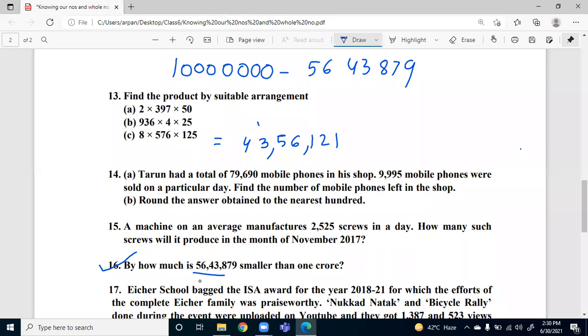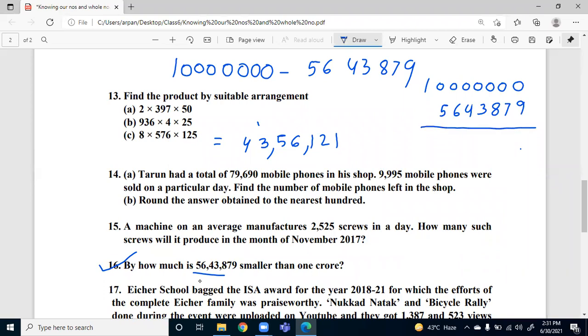You are correct. It is smaller than the value. How do we find out? We have to subtract this number from 1 crore. So on subtraction, see, Tanmay. 1 crore means 7 zeros, then 5, 6, 4, 3, 8, 7, 9.